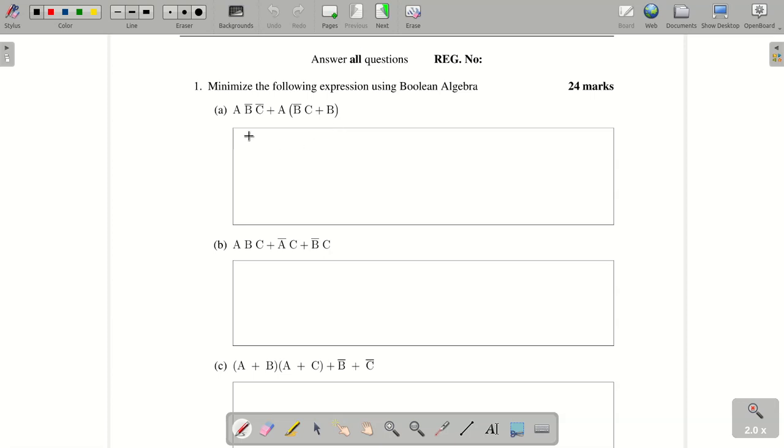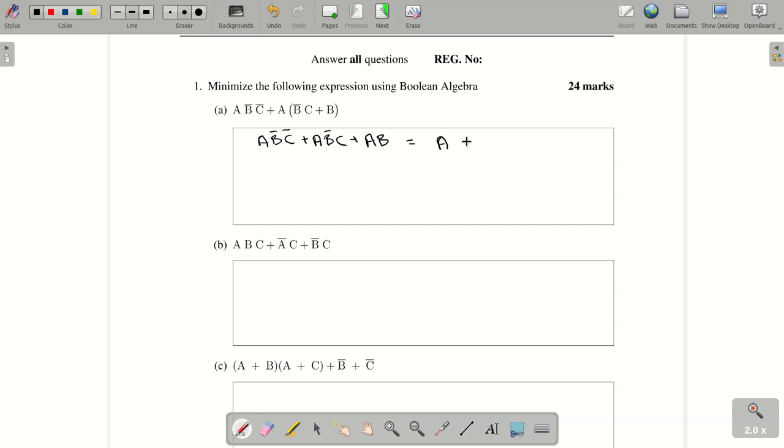So from here, let's just first expand this all out. So we have A not B not C, or A not B C, or A B. Okay, so as soon as you see this, you'll see that in these two terms you have A, B common and C bar, so that looks like a simple minimization.